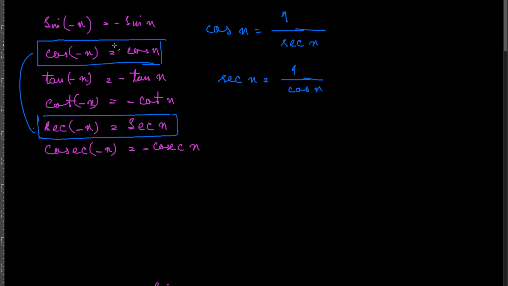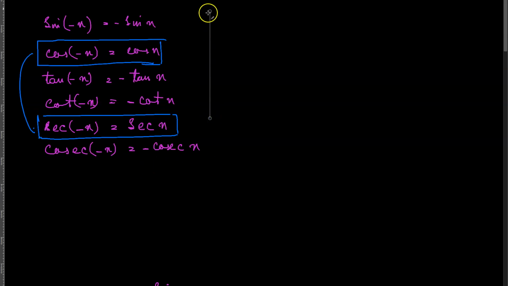Now, the next thing that you need to know about these formulas is that there are 4 formulas that you need to understand, and then based on those formulas you can derive essentially everything that you need in trigonometry.